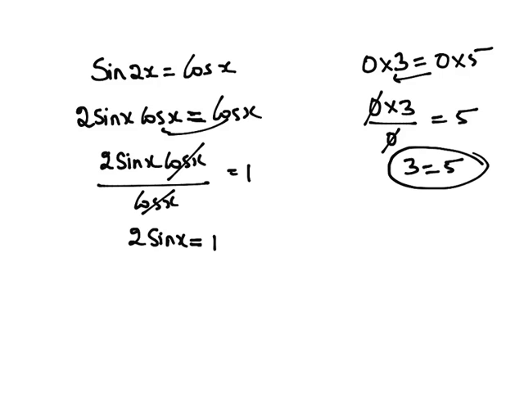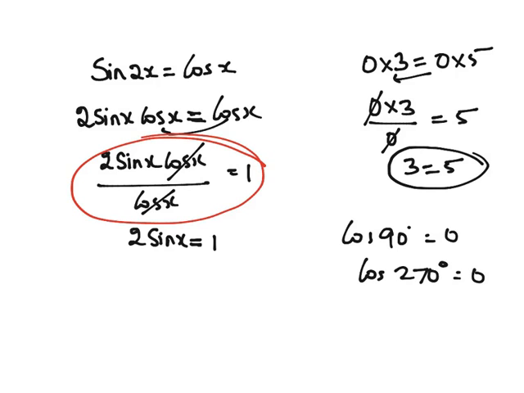Same way, cos x can take the value of 0, isn't it? We know that cos 90 degrees is 0 and cos 270 degrees is equal to 0. So cos x can become 0. So this step is incorrect. You cannot cancel it.